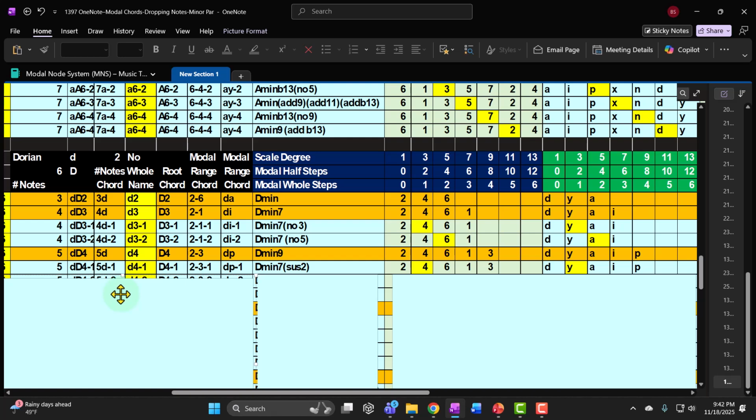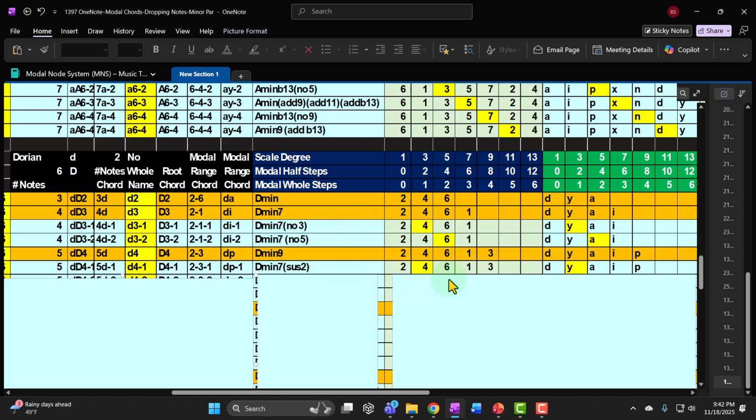So I would rather just do a coordinate system, a 5-note Dorian -1 or a Dorian 4 -1, meaning go 4 modal whole steps up, 8 modal half steps, which is the 9th scale degree, and drop the one that's 1 modal whole step, 2nd modal half step, 3rd scale degree up.